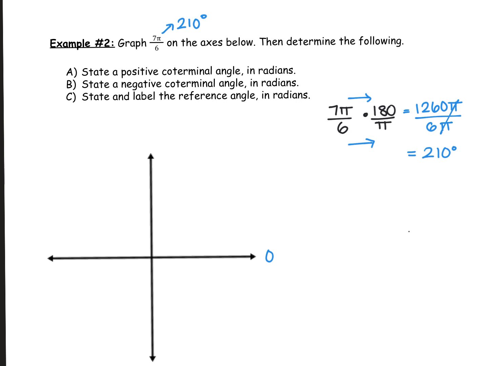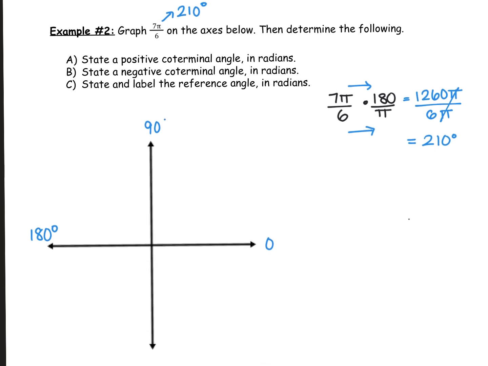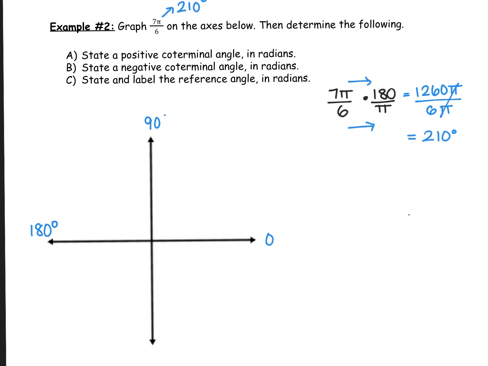So we remember positive angles go counterclockwise. We probably should label the pieces. So here's 180, 270, and then 360. 210 degrees is going to be somewhere after 180 and in between 270. Remember, when you graph an angle, you need 3 pieces.